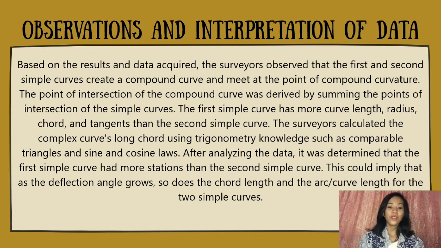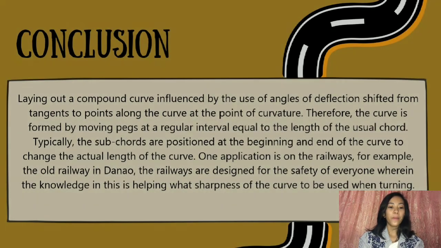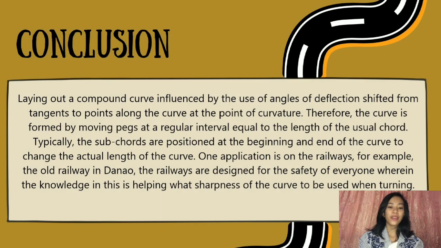As a conclusion, laying out a compound curve is done by using angles of deflection shifted from tangents to points along the curve at the point of curvature. Therefore, the curve is formed by moving pegs at a regular interval equal to the length of the usual curve. Typically, the subchords are positioned at the beginning and at the end of the curve to adjust the actual length of the curve. One application is on railways.